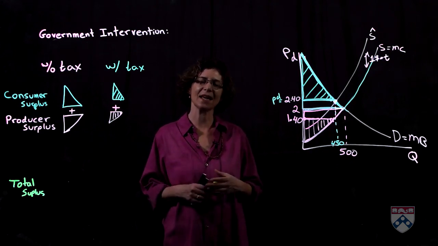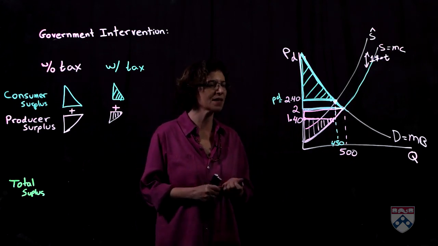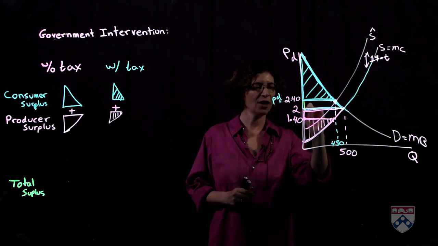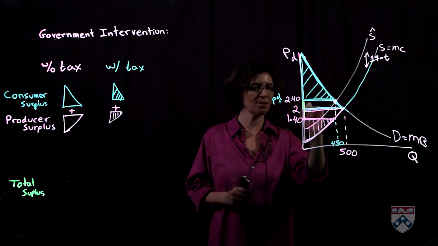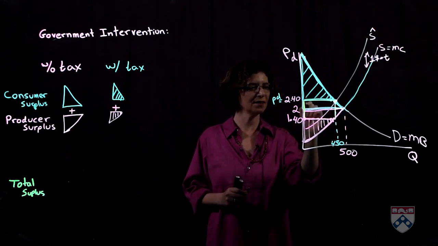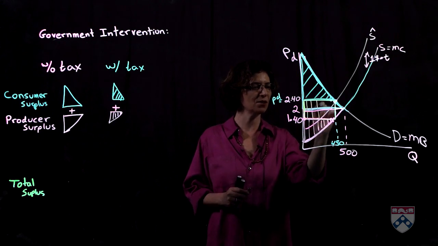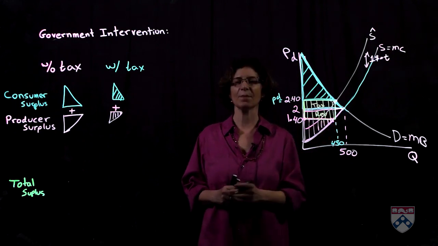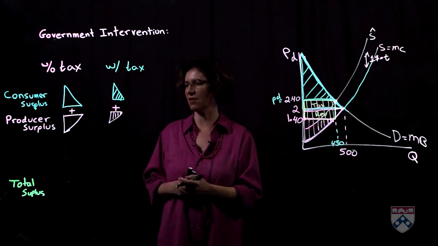We can see this tax money on our graph because the government is collecting $1 for every unit that's exchanged in the market. In other words, this rectangle here is the tax revenue that's collected by the government. And this tax revenue is part of the surplus that's generated.